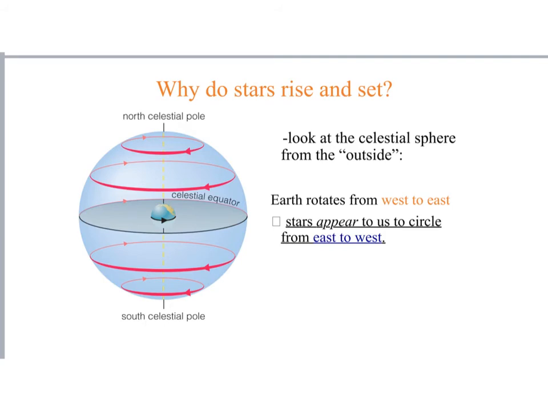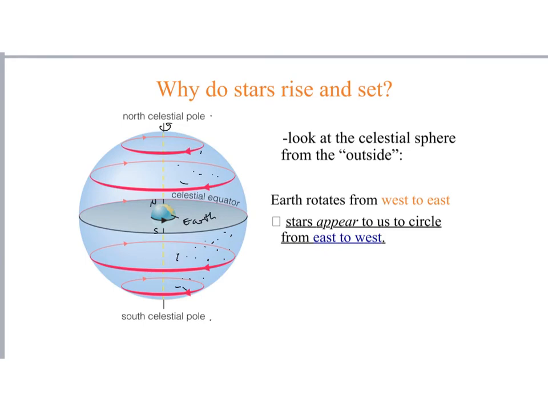Okay, so now it seems easy to explain if you're looking at the celestial sphere from the outside. Here we have the Earth, and it's rotating around its axis that goes south, north, and this is going to be the north celestial pole and south celestial pole. You have all kinds of stars and patterns on the celestial sphere.